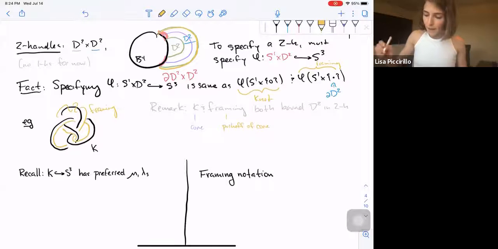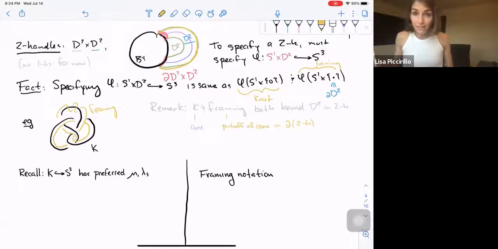And maybe one more remark, since we chose to use not just any sort of push off of the core of the solid torus, but one where we've pushed all the way into the boundary of the solid torus, then the push off of the core that the framing bounds actually lives in the boundary of the two-handle.